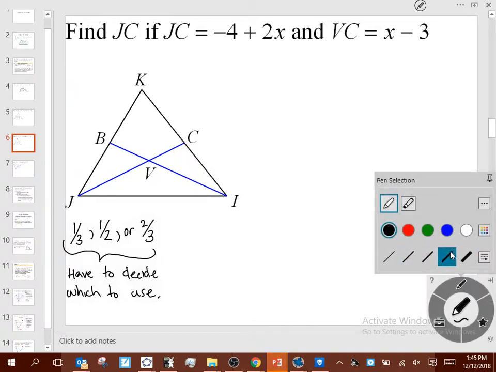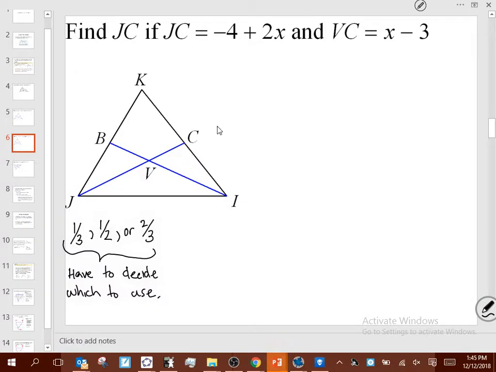When you look at this problem, what kind of point, and I guess I didn't say this in the direction, hopefully we all realize these are medians, right? Okay, so what kind of point is that if these blue segments are medians? Centroid, okay? I will make it a point not to tell you that that's a centroid.